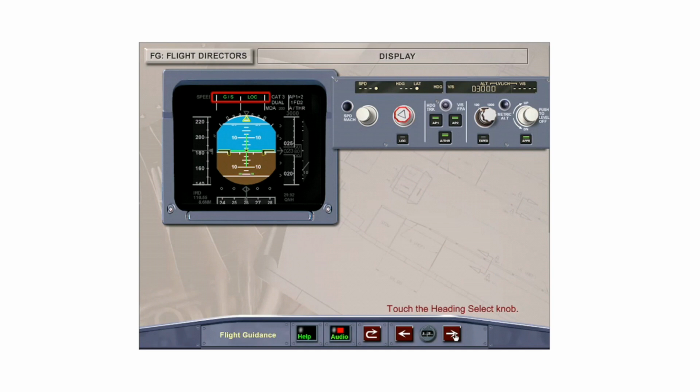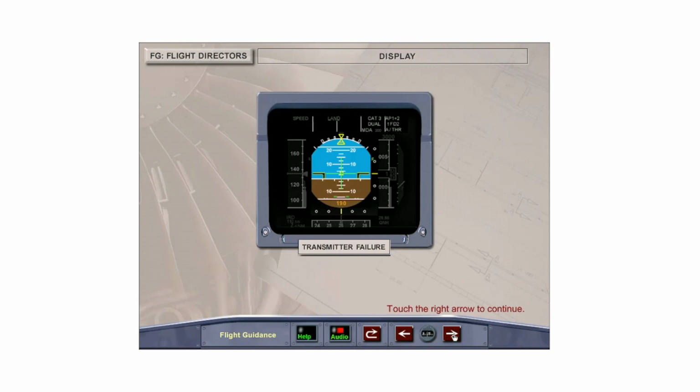Pull out on the heading track selector knob and observe the flight director bars. The pitch and/or roll bars will flash continuously if the glide slope signal and/or the localizer signal is lost during an approach.